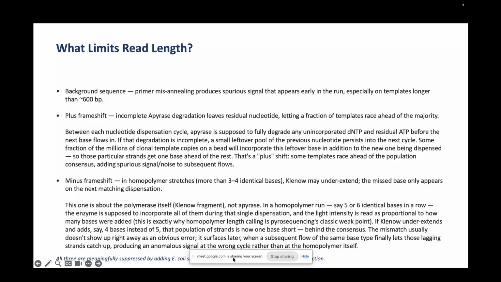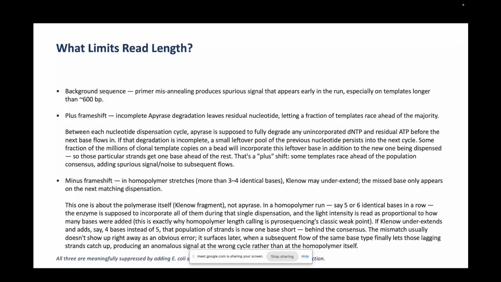Here, the issue is slightly different. The background sequence, which will be the primer miscellaneous, produces spurious signals that appear early in the run, especially on templates longer than 600 base pairs. So here the error issue comes out. Here it's not the resolution issue.